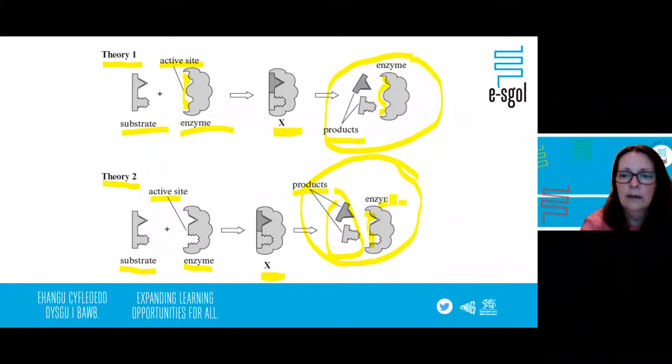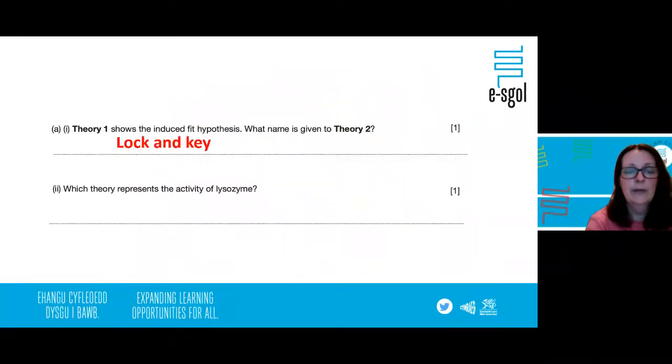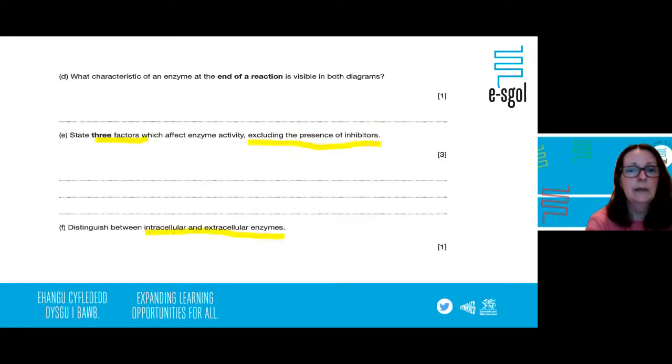And in particular, this part here on the enzyme. So what feature of that diagram in both theories here tells us something about this reaction? Okay, so pause the film and have a think, and then we'll have a look at the answers for these 3 questions.